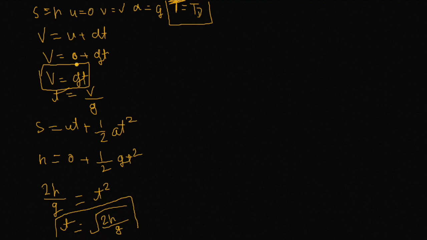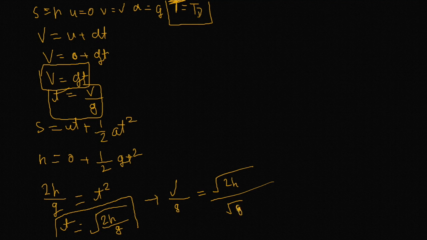Something we can also do here is that if we wanted to, we could have also substituted v. Next, we can substitute t is equal to v by g. Not really important, but we can then say v by g is equal to root 2h by root g also. So v is equal to root 2h by root 2g.